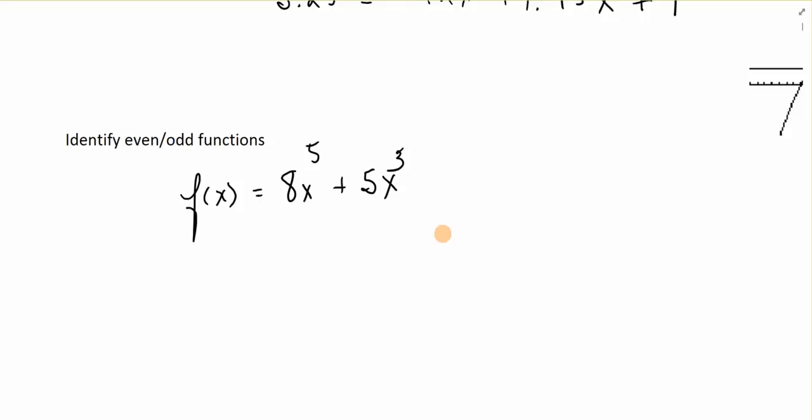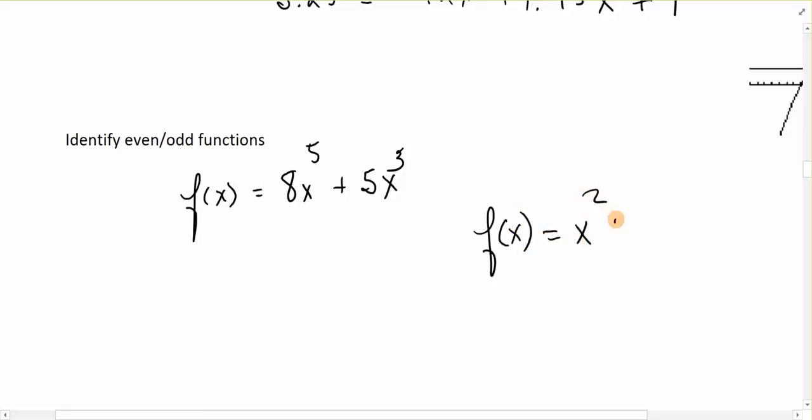That's pretty easy, right? If they were all even, it would be an even function. But what if we had this? We have one of each. So that's neither. And this is odd. Okay?